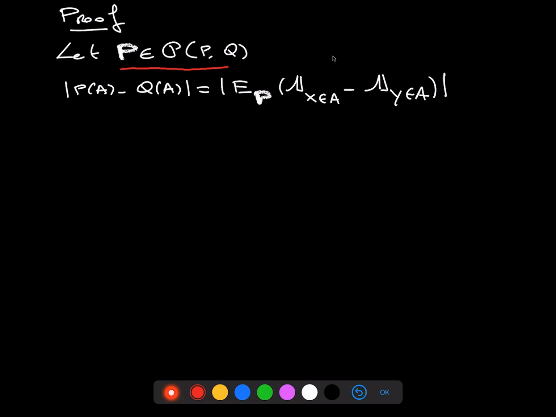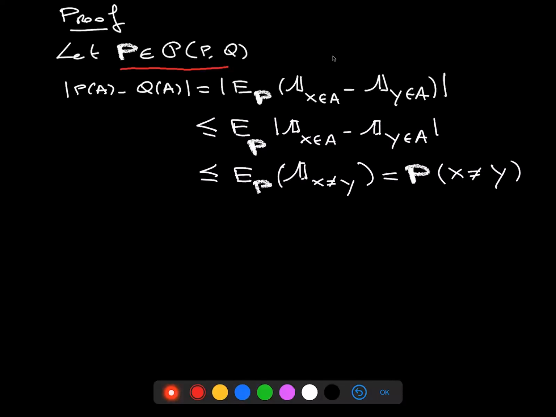Okay, I just use the fact that here the coupling has first marginal P and second marginal Q. After that, I use the fact that the absolute value of the difference between expectation is less than the expectation of the absolute value. Okay.